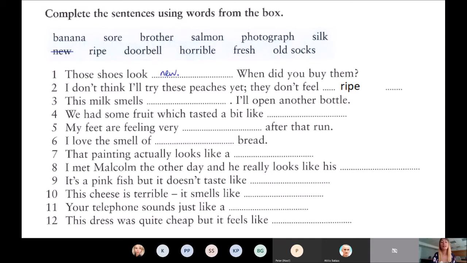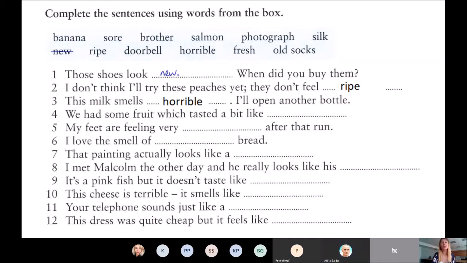This milk smells. I will open another bottle. If you know the answer, please speak up. This milk smells horrible. Very good. Number 4.